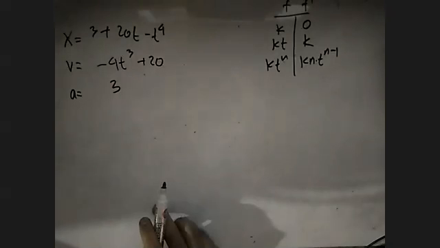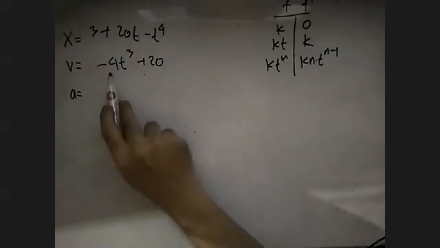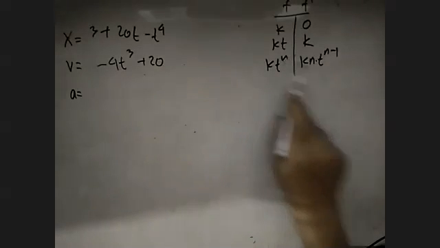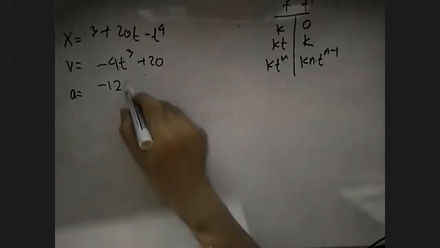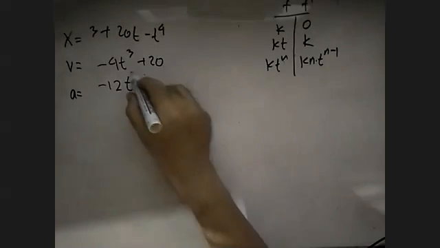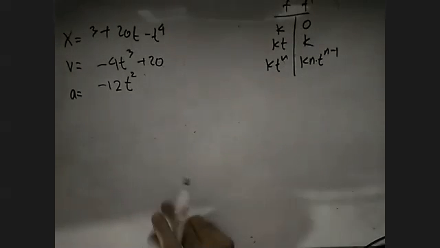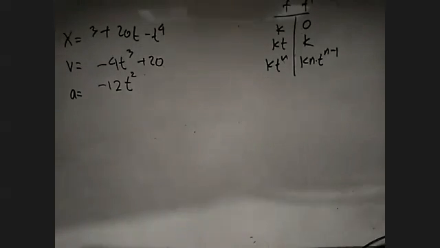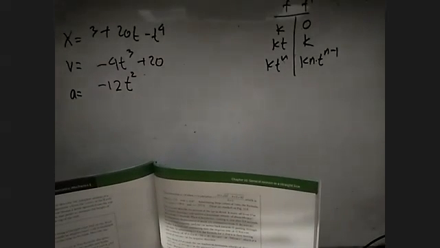Negative 12t. Okay, right. So minus 4 and 3 is k and n. That's going to be minus 4 times 3, so minus 12. Now, what will be the power of t now? Power 2. Very good. Now, what about the plus 20? It doesn't have anything. Okay, that is the question about the expression in terms of t.